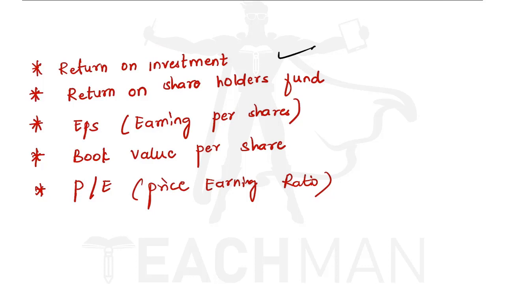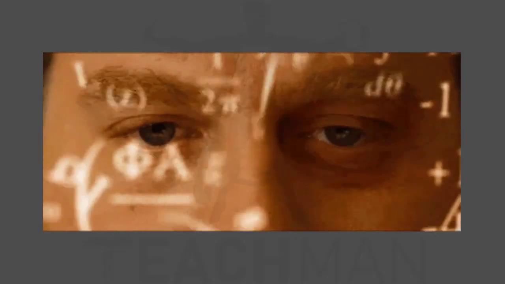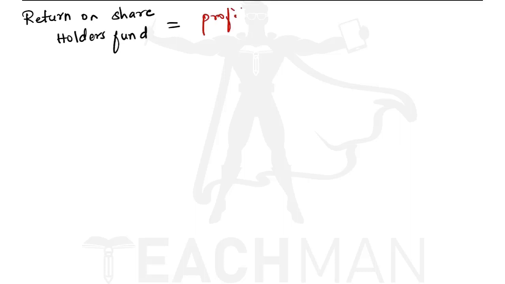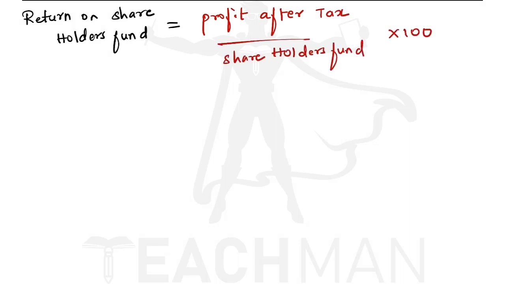Now let us calculate return on shareholders fund. What is the formula? Return on shareholders fund. Formula is profit after tax divided by shareholders fund into 100. We know what is profit after tax. It's given in the question. We don't know what is shareholders fund. Let us find that.